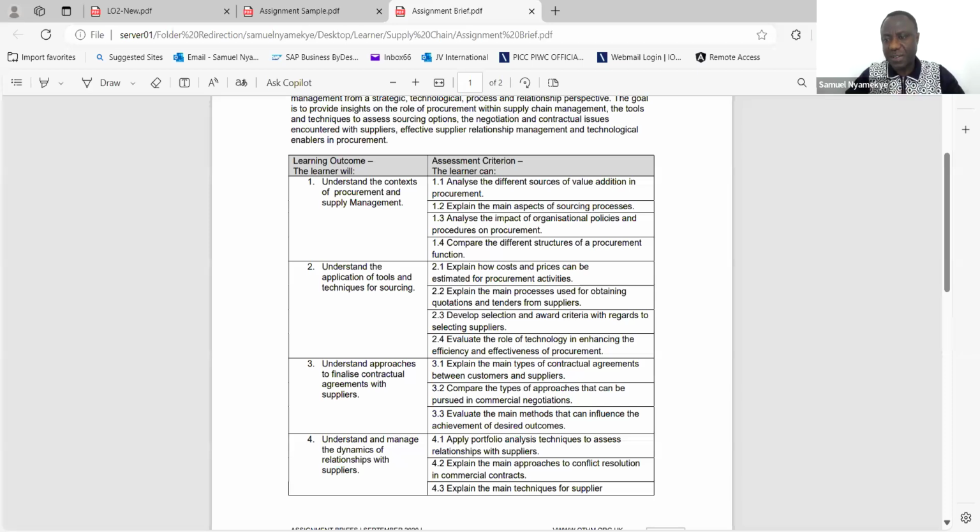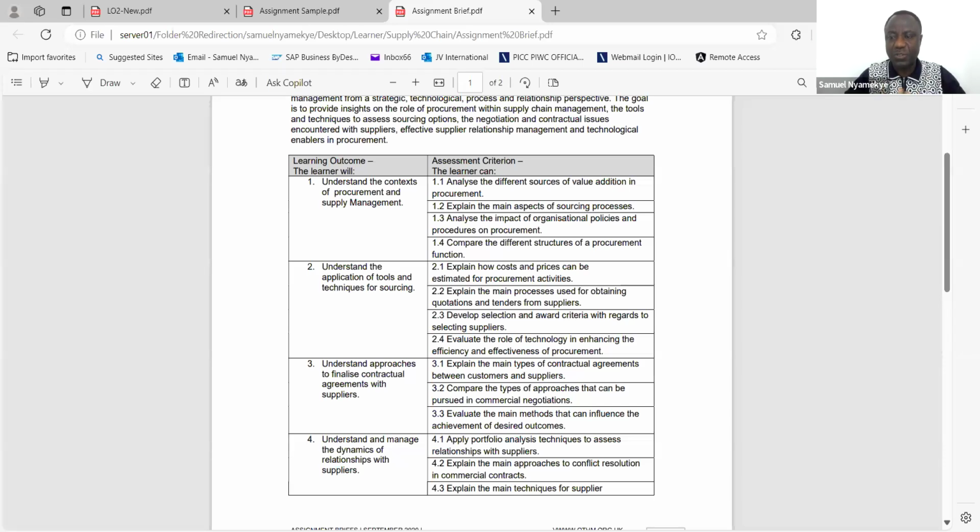The sourcing process, which we've mentioned, starts from identifying the need and going on to look for suppliers who will be able to meet the need. So that whole procurement process is also mentioned. We also mentioned the need for policies and procedures.